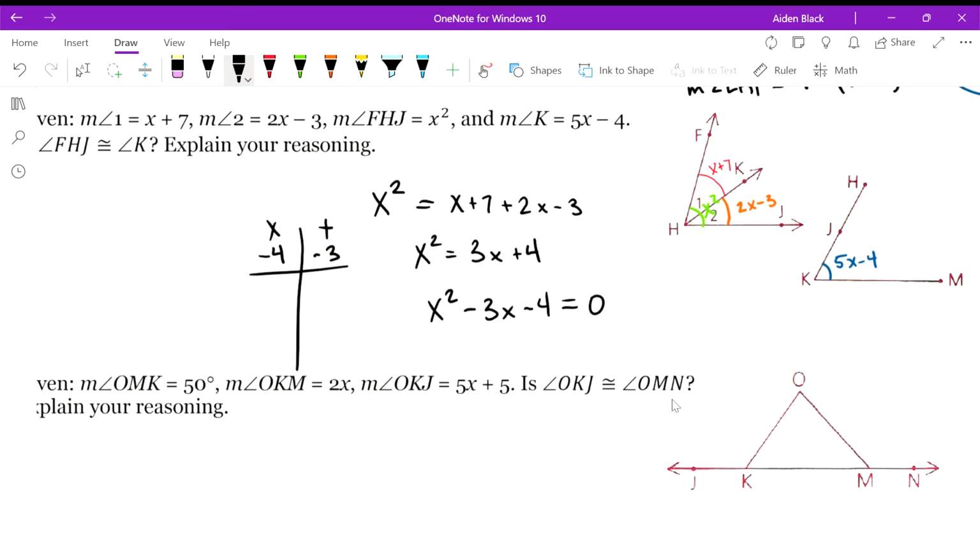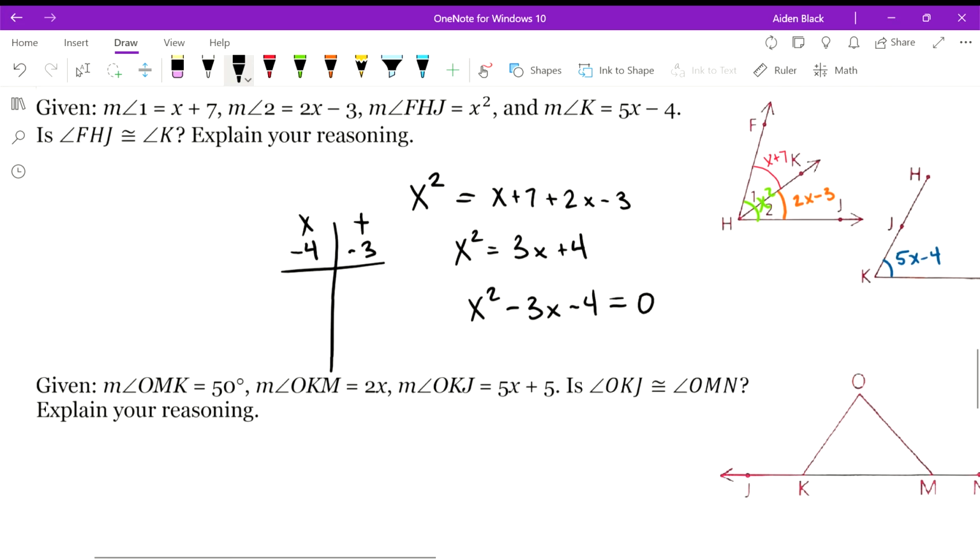So remember, when we actually have this product, it's not just the last term, it's the coefficient on the x squared term times the constant, which in this case is 1 times -4, so -4.